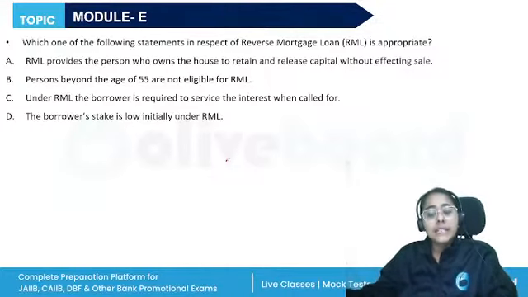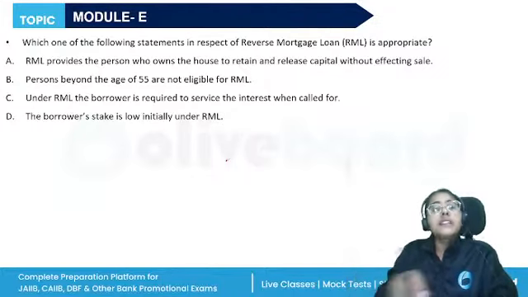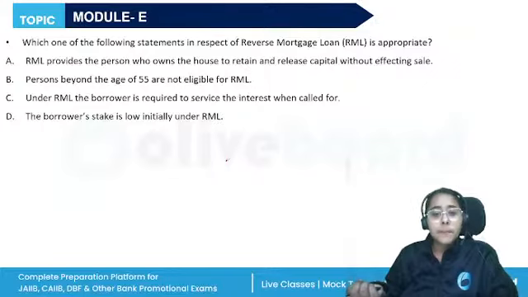However, in the reverse mortgage, this is completely opposite. The borrower initially retains a high stake in the property and receives a regular cash flow. Then over time, when the loan amount increases, his stake in the property reduces. All right, this is a reverse mortgage loan.